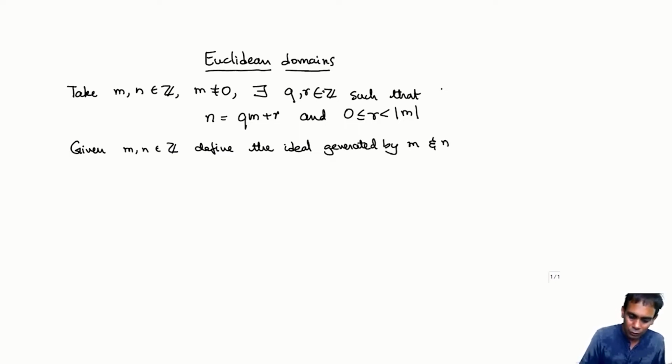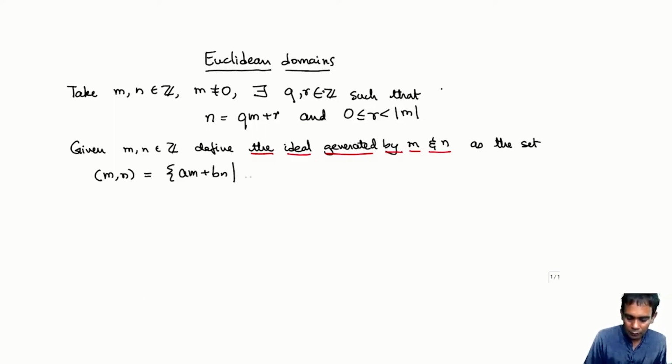So we'll see this notion of ideal in greater generality later, but right now we'll just look at this as the set. We'll write it as parentheses m comma n as a set of all am plus bn where a belongs to z and b belongs to z.